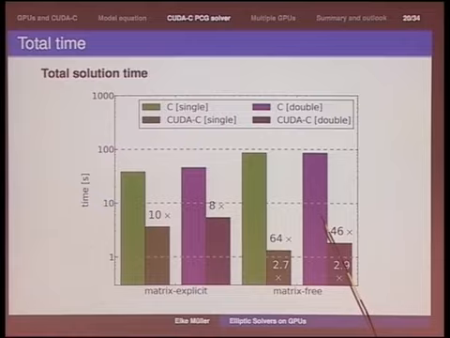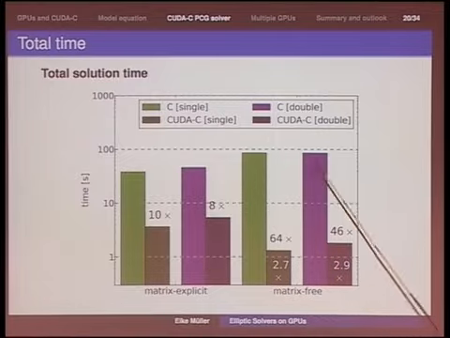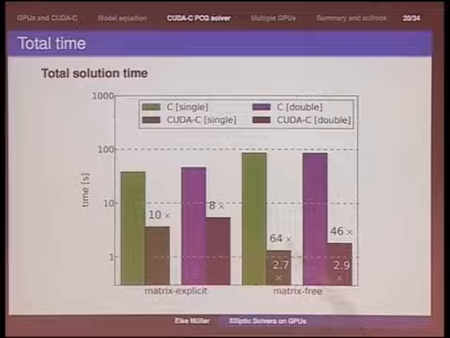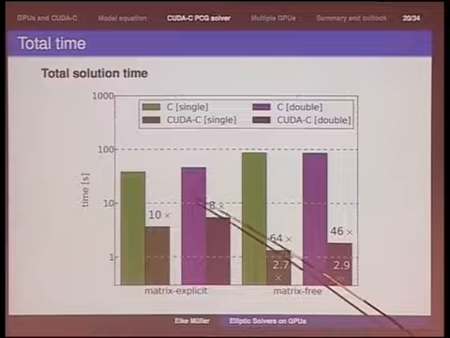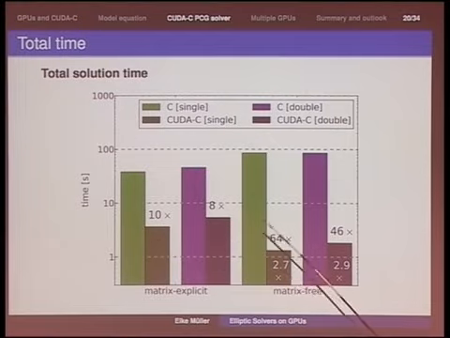But now looking at the total solution time, so again, this is matrix explicit here and matrix free here. And again, the light colors are on the CPU, and then I've got the GPU code. And what you see is that for the matrix explicit code, I get a speed up of around a factor of 10 or 8, depending on whether I do single precision or double precision.